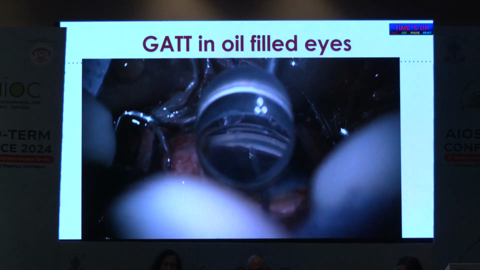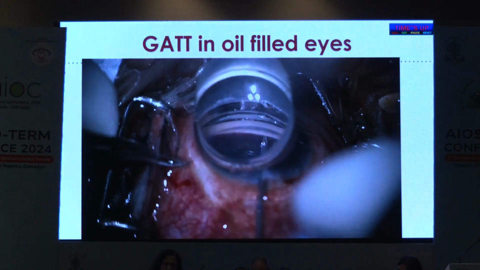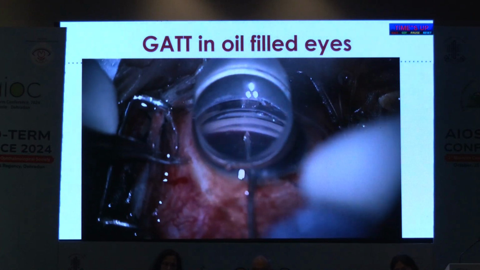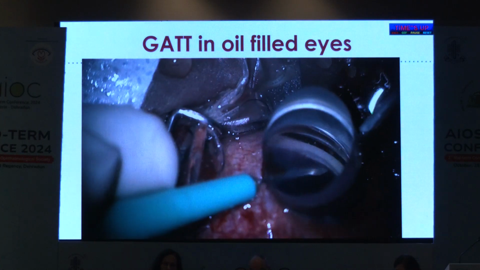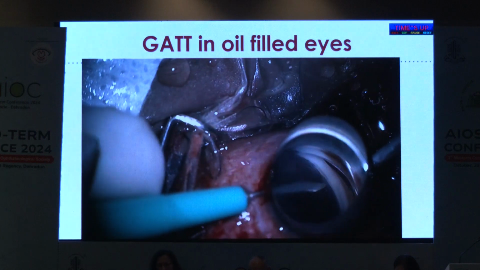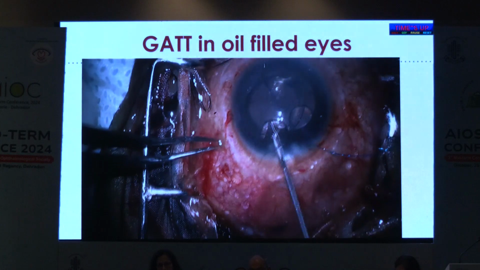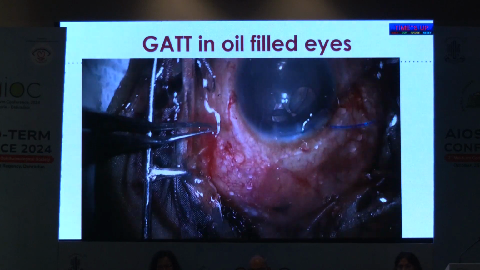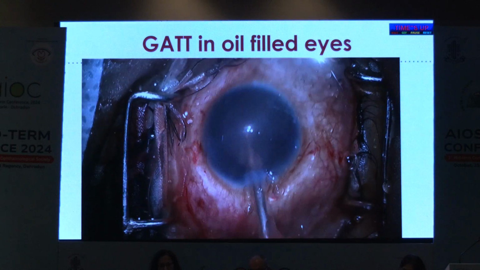So we planned an interim GAT in the meantime, and we could successfully achieve the cannulation and the rupture of the Schlemm's canal in this patient. The only problem was the oil kept coming from behind, which we had to keep aspirating till the end. And even on day 1, there were some oil bubbles. We can see oil bubbles starting to come up through the gap there, and we are trying to aspirate them.